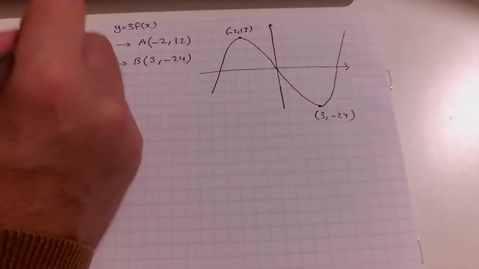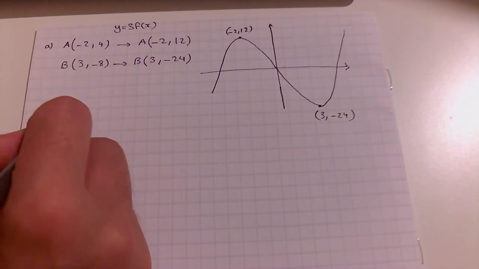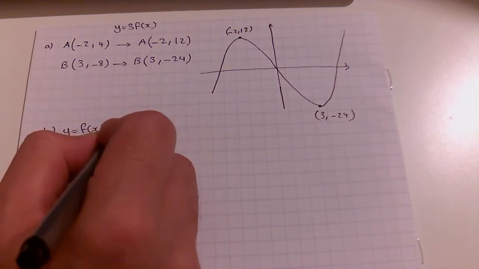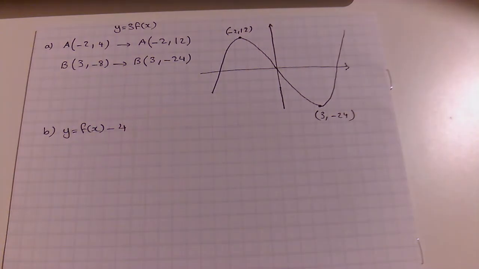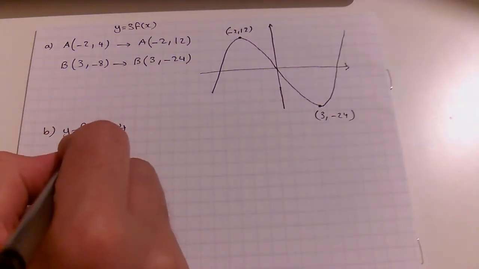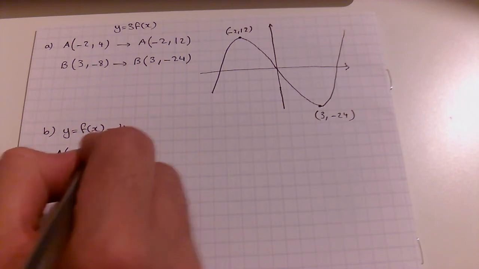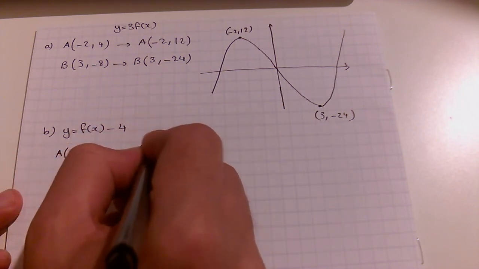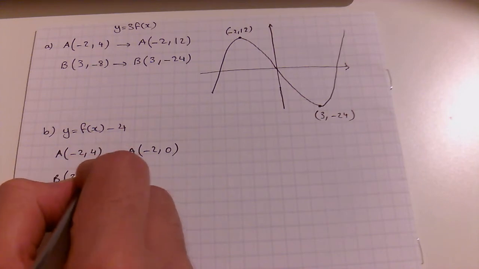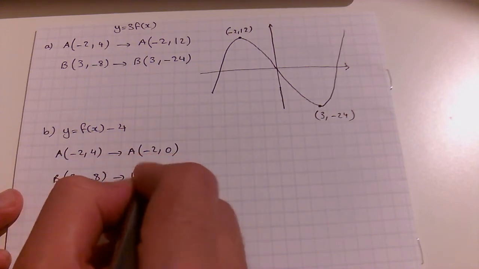So therefore, if I sketch y equals 3 times f of x, let's say here is minus 2 and 12, and here is 3 and minus 24.